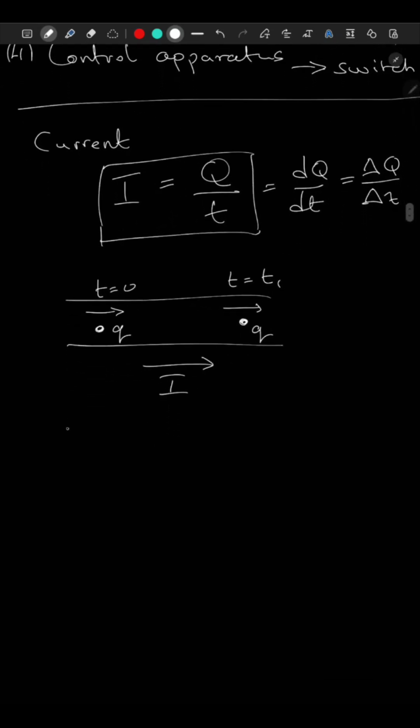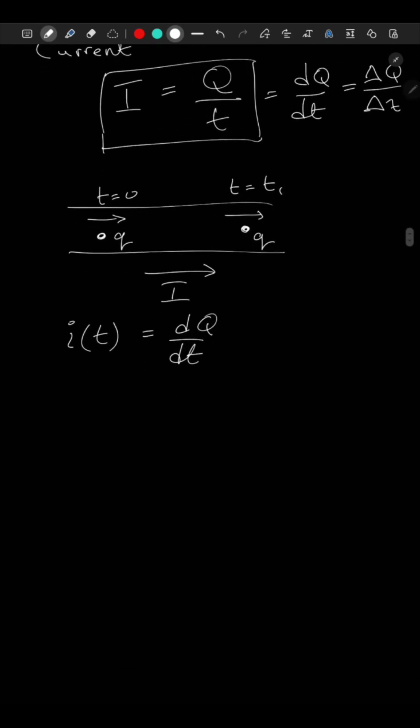Sometimes we define it as a function. So I is defined as a function of time, and this is dq by dt. Here I at t equal to 0, or you can have I at t equal to t1, and so on.